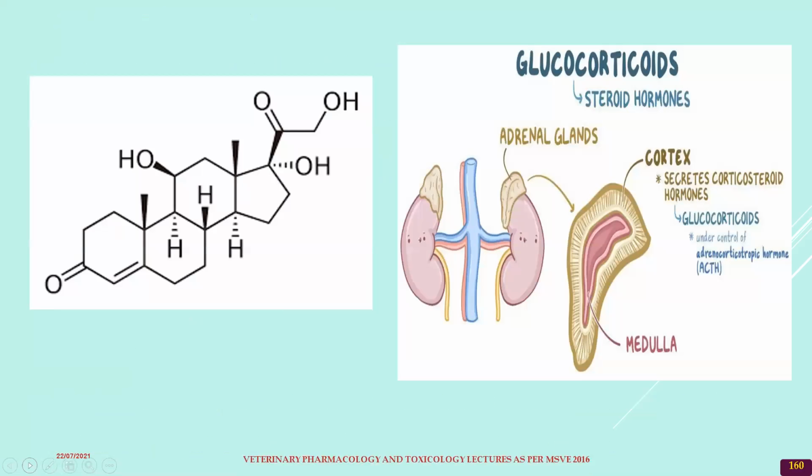So the glucocorticoids, as you know, the adrenal cortex stimulates the varieties of mineralocorticoids and glucocorticoids, and also secretes the adrenocorticotropic hormone.